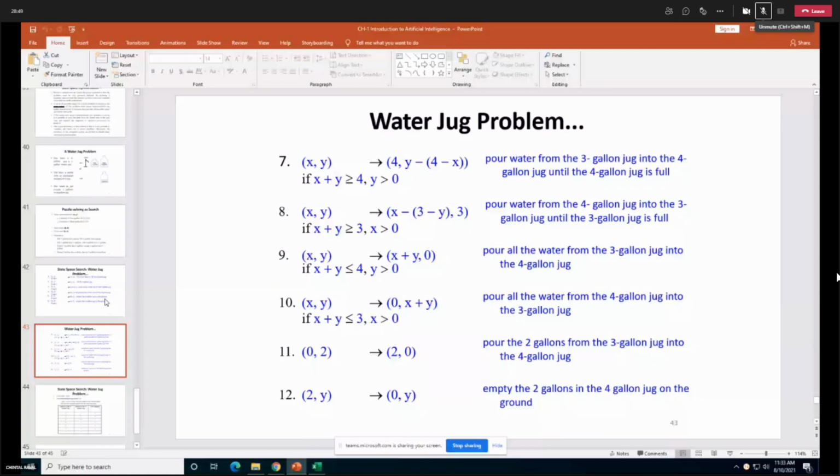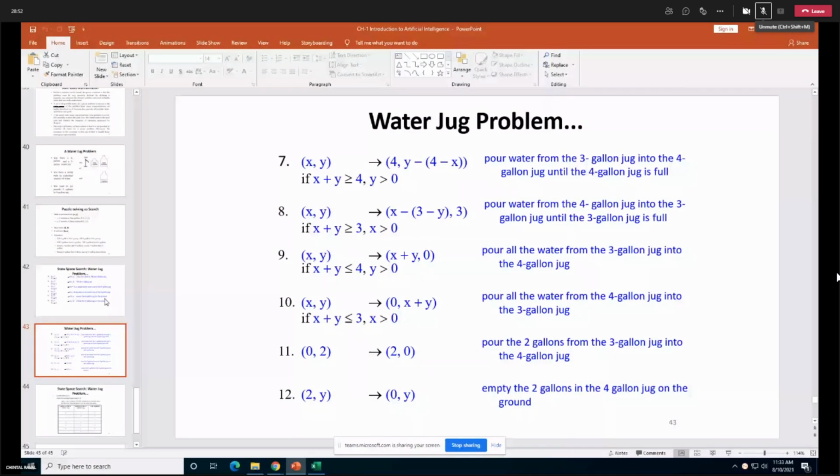The completely filled condition is not in rules 9 and 10. So you can pour all the water from the 3-gallon jug into the 4-gallon jug, and the same for the 10th rule: pour all the water from the 4-gallon jug into the 3-gallon jug. But it is not mandatory that the jug gets completely filled.